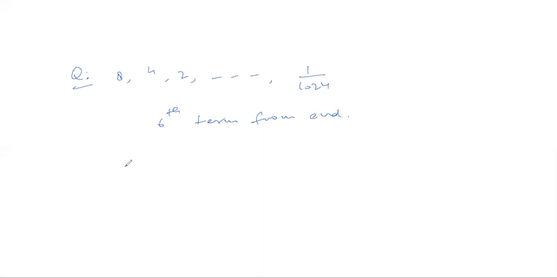So let's start it as A dash 6, and as per the formula it will be L upon R raised to power n minus 1, means 5. So write these values. L, the last term in this formula, is 1 upon 1024, and we have to find the value of R. So R we will find as usual, so it will be 4 upon 8, and its value will be 1 upon 2. So L will be 1 upon 1024 upon R raised to power 5.